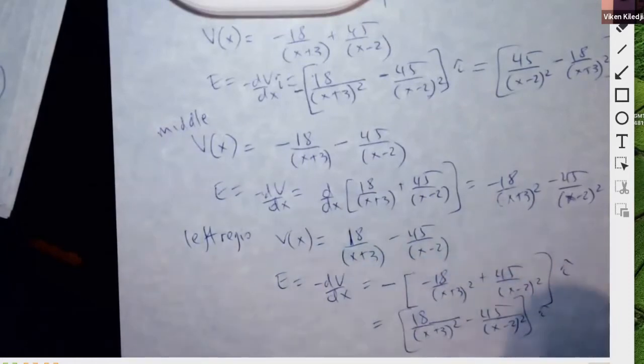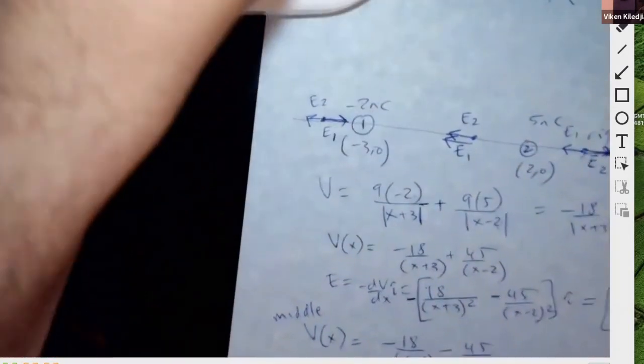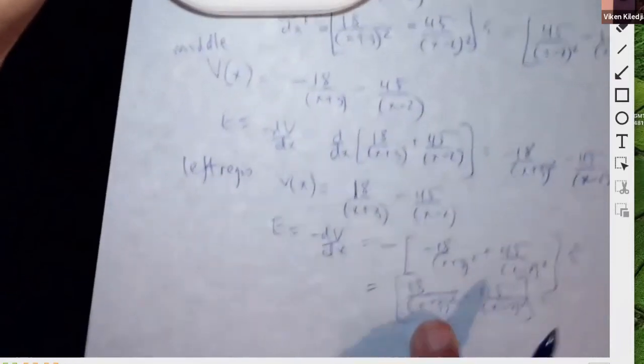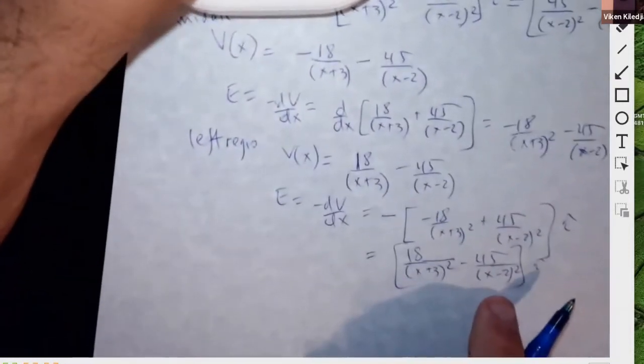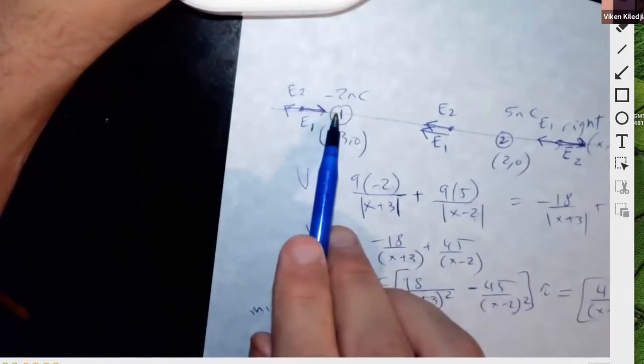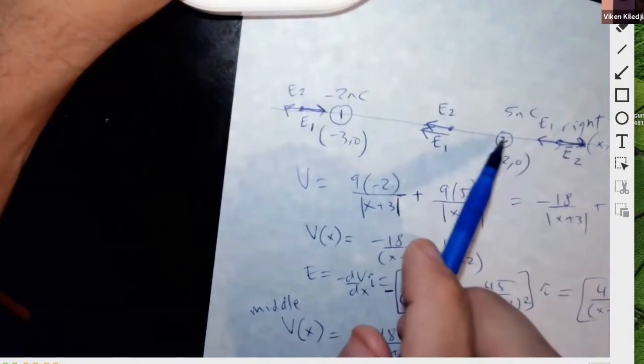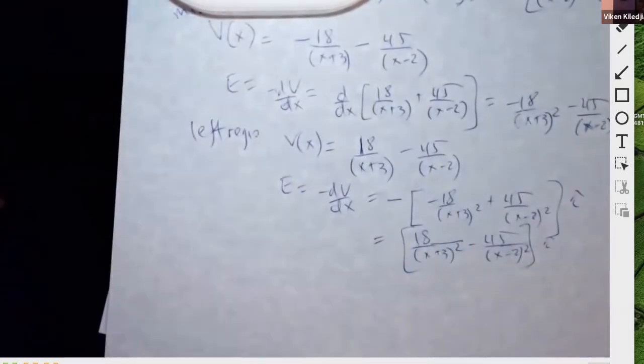So it's saying take the 18 and then subtract from it the 45. Is that what happens? Yep, the E1 wins, and then subtract from it the electrical field of that guy. It's just crazy how that works.